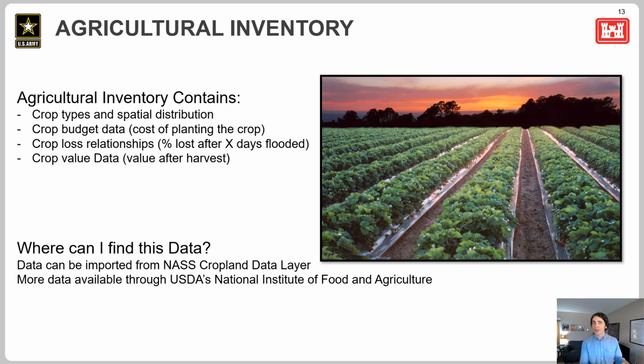This is akin to the structure inventory's depth percent damage relationship. So agricultural damages are based heavily on how long the flooding lasts and at what point in the planting cycle that flooding begins. The data for all this can be found in the NASS cropland data layer with more information available at the USDA National Institute of Food and Agriculture.